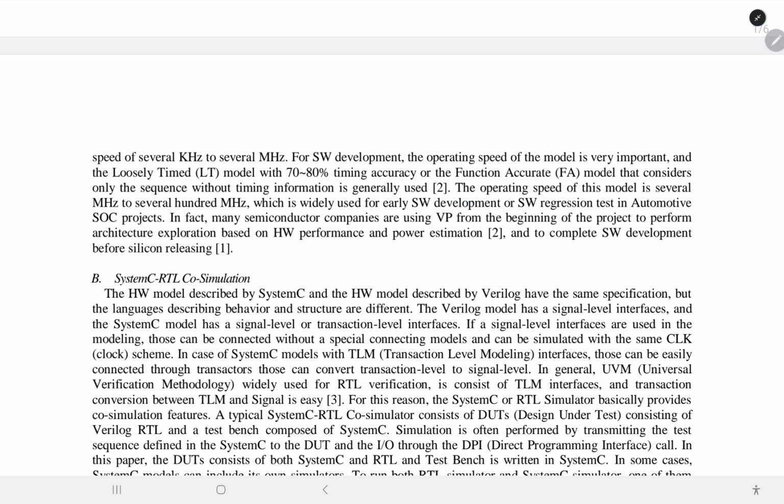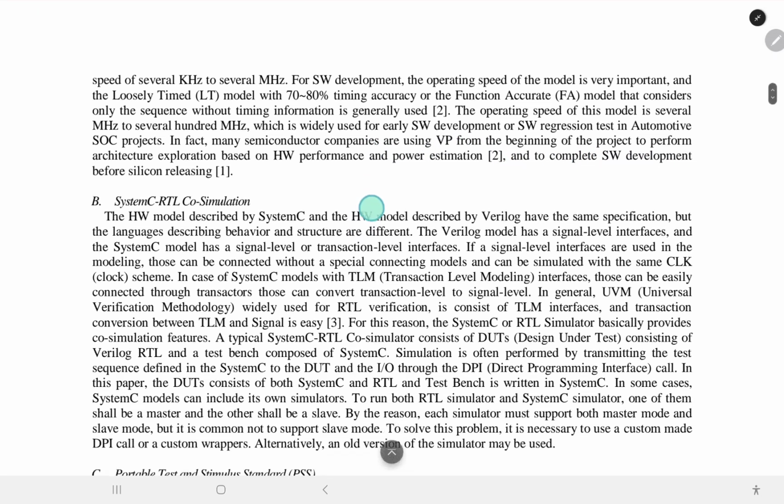The operating speed of this model is several megahertz to several hundred megahertz, which is widely used for early software development or software regression testing in automotive SoC projects. In fact, many semiconductor companies are using VP from the beginning of the project to perform architecture exploration based on hardware performance and power estimation, and to complete the software development before the silicon release.